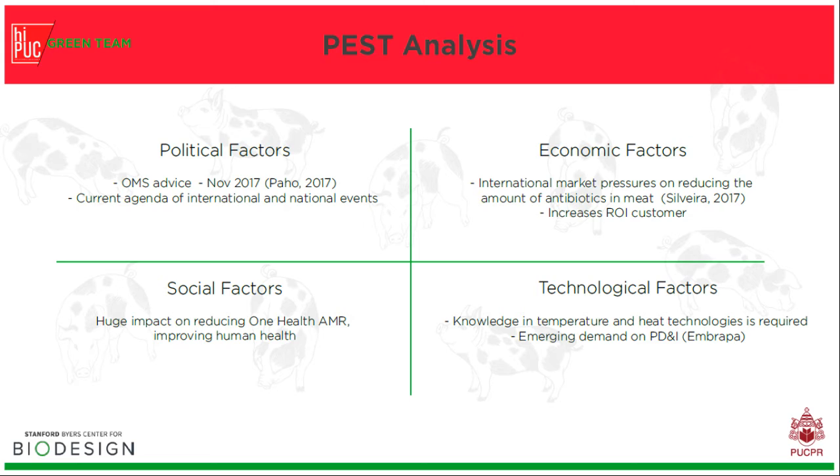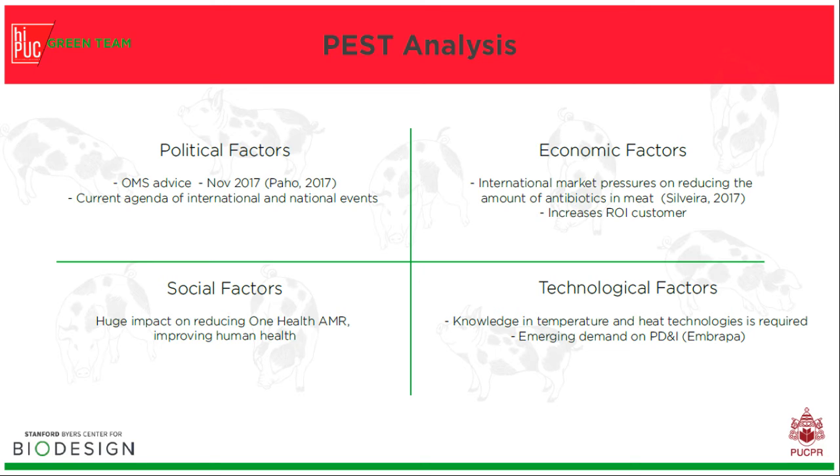Here we did a PEST analysis. Political factors: OMS, here it's in Portuguese, but it's the World Health Organization, so WHO. We have WHO advice and the current agenda of international and national events, like the United Nations high-level meeting on AMR.